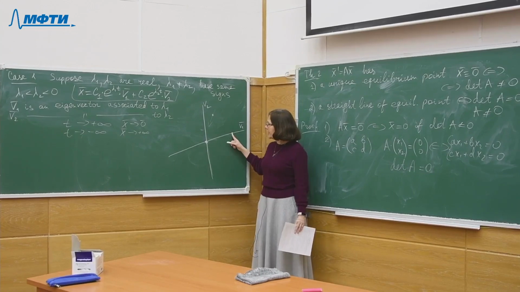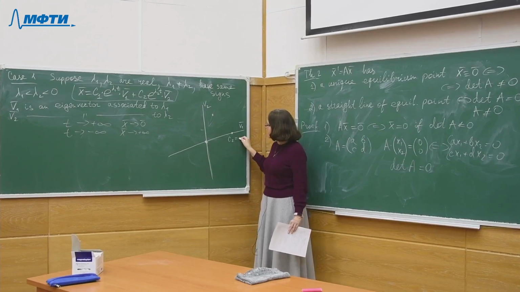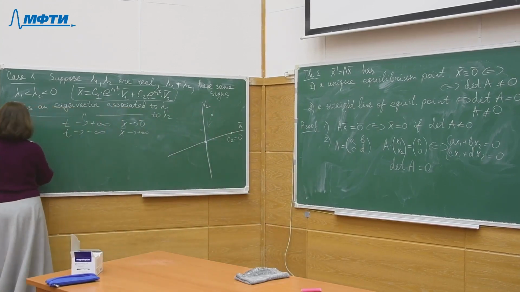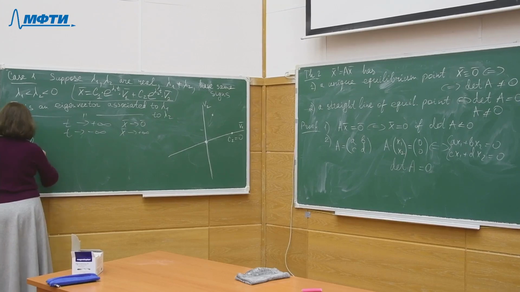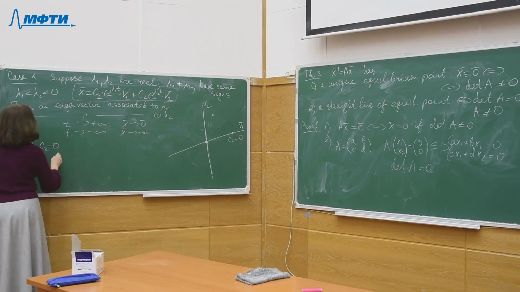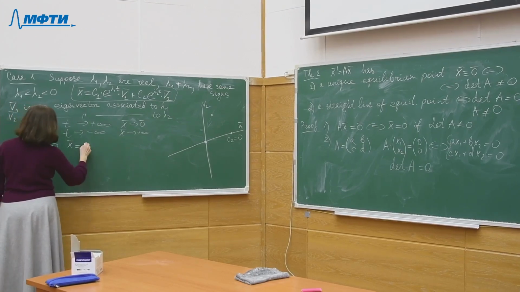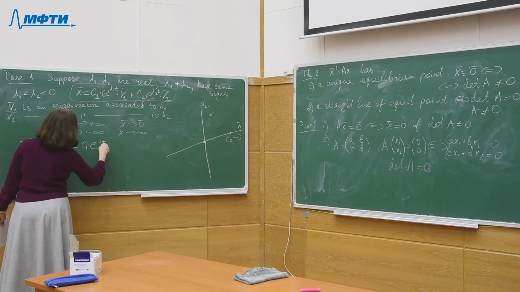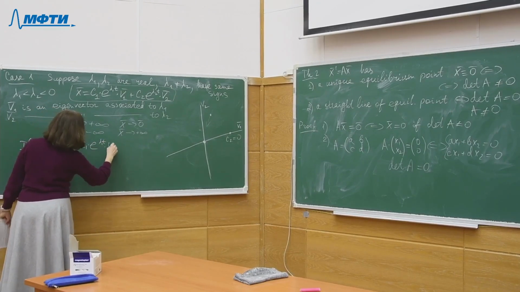If we take the point here, then this means that C2 is 0. Okay, so if C2 is 0, we have a solution of the form C1 times e to the power lambda 1t times V1.